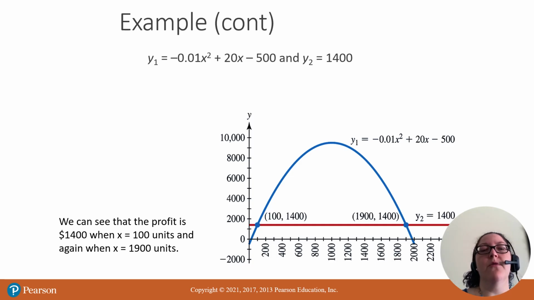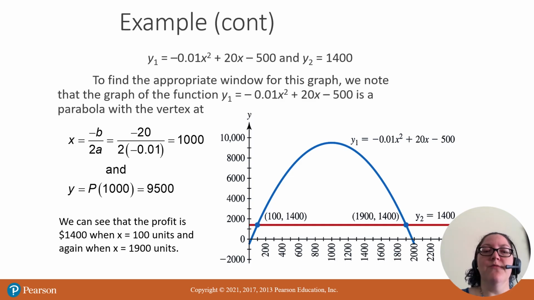Well, we know that we're looking for where it equals 1,400, so it's got to be above that, so at least above 2,000. But when you do that, you're not going to see the top of the equation. What's really helpful here, because it's quadratic, which means it has that parabola shape, it's going to go up and then come back down. I might need to see a second spot where it hits.